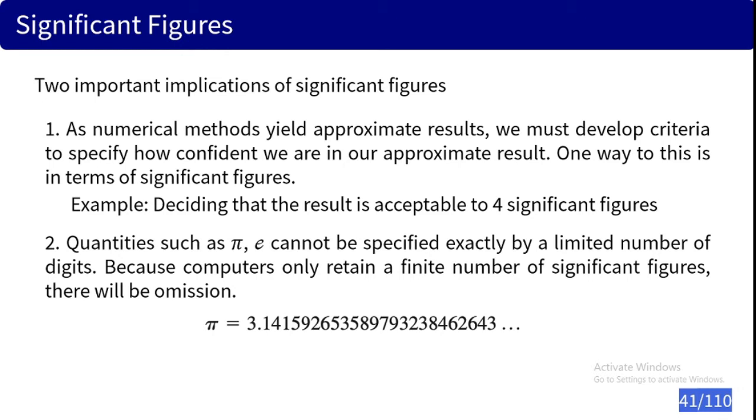Second is the use of quantities such as pi and e, or Euler's number. These quantities can be specified exactly by a limited number of digits. So they involve an infinite number of figures. They are infinite, no?